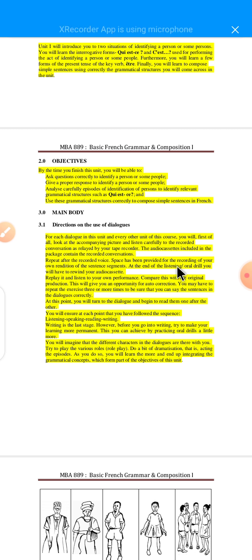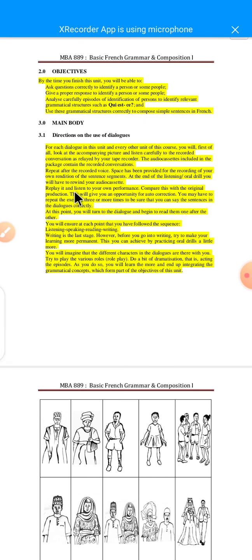At the end of the listening or oral drill, you will have to rewind your audio cassette. Replay it and listen to your own performance. Compare this with the original production. This will give you an opportunity for auto-correction.